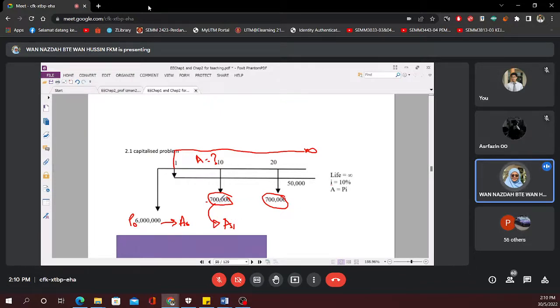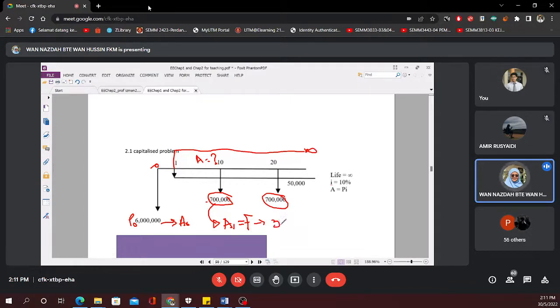Given here is the value of F. If we look at 0, this value is considered as F. For A is unknown and F is known, what formula to use? Is it pair number 1, 2, 3, 4, or 5? Pair number 3, so this is 3B, right?